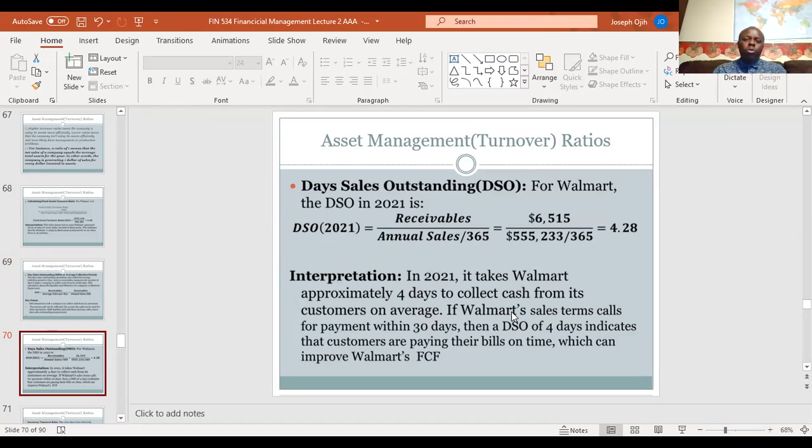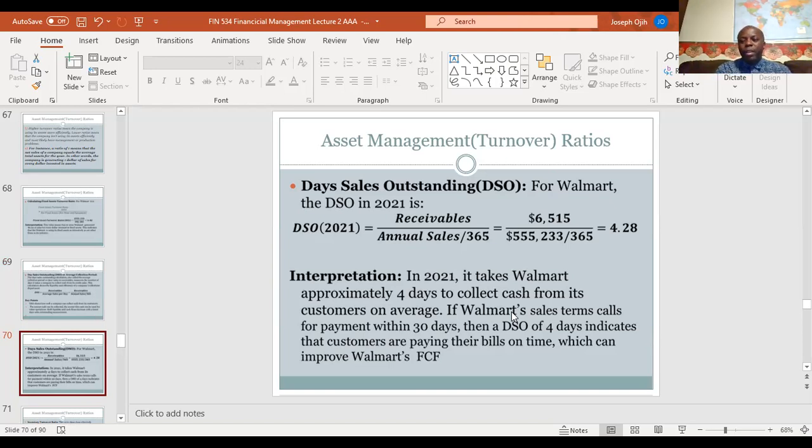So suppose Walmart has, let's say, a credit policy of 30 days. That means that customers are paying their bills on time. Walmart customers pay on time, and it took the customers an average of 4 days to pay their bills for their credit.